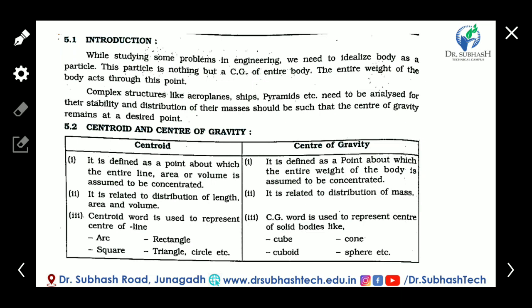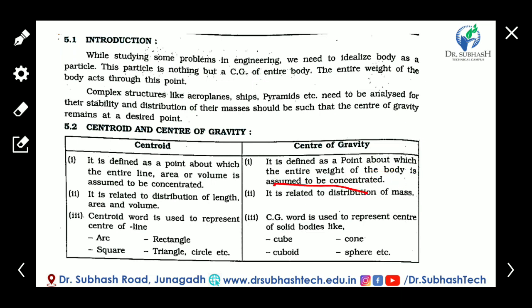Now see the centroid and center of gravity. The centroid is defined as a point about which the entire line, area, or volume is assumed. So the centroid is the center of a line, area, or volume. The center of gravity is defined as a point about which the entire weight of the body is assumed to be concentrated.